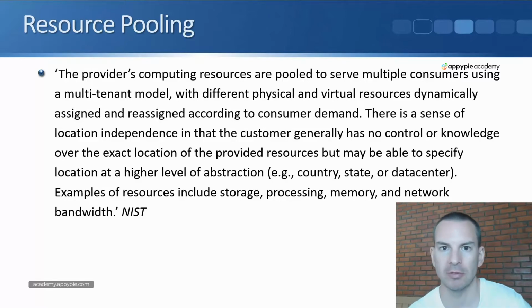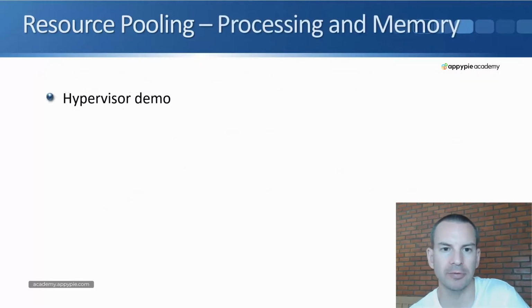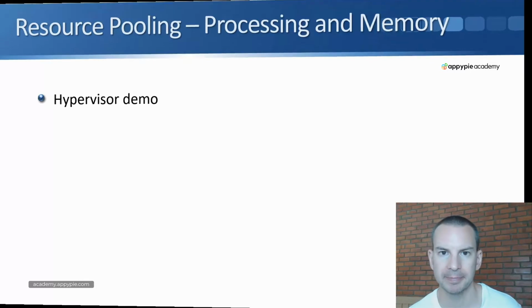So let's have a look at this in some more detail. The first thing to talk about that we can pool our resources for is the processor and the memory of the underlying servers that we're running virtual machines on. So let's go back to our hypervisor lab demo for this.